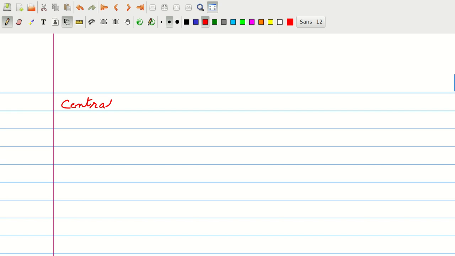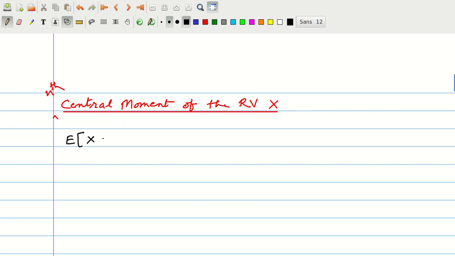So let us look at the central moment of the random variable X. And specifically, let us talk about the nth central moment of X. The nth central moment of random variable X is denoted by E, the expectation of capital X minus mu to the power n, and defined as integration minus infinity to infinity small x minus mu to the power n into the PDF f_X(x) dx.